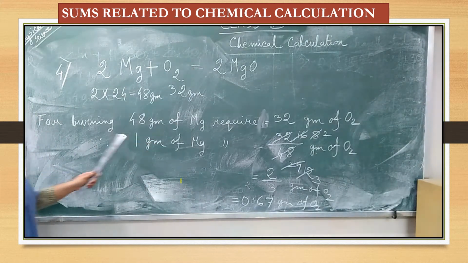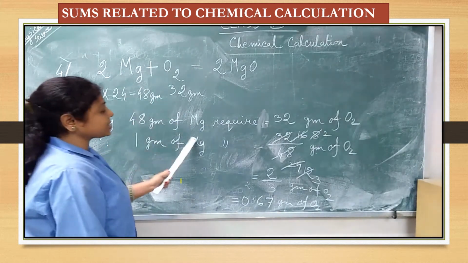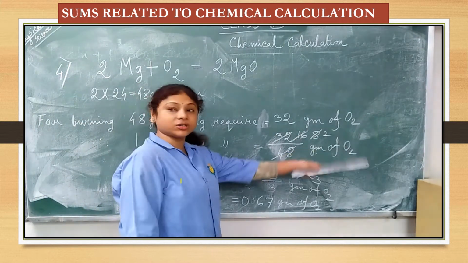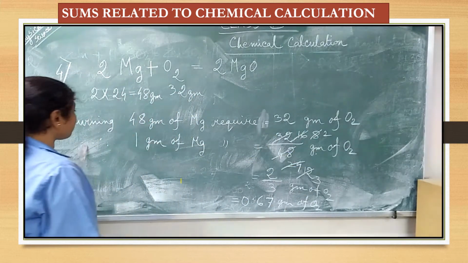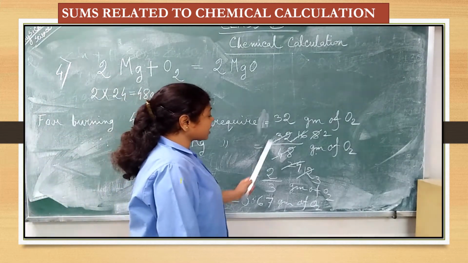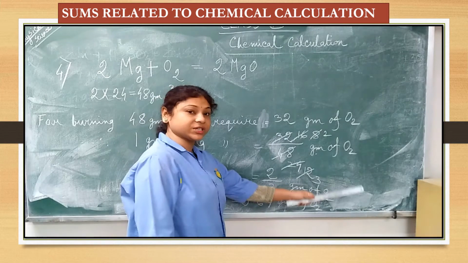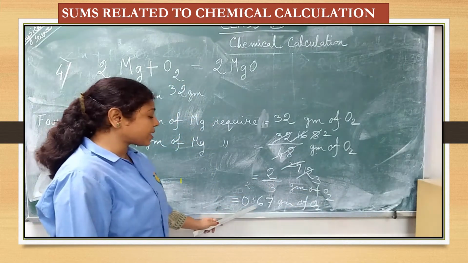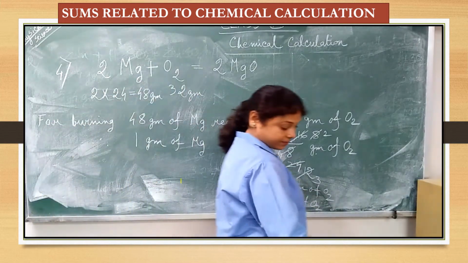Now for burning 48 grams of magnesium, we require 32 gram of oxygen. So for burning 1 gram of magnesium, according to your question, we require 32 by 48 gram of oxygen. That is coming 0.67 gram of oxygen.